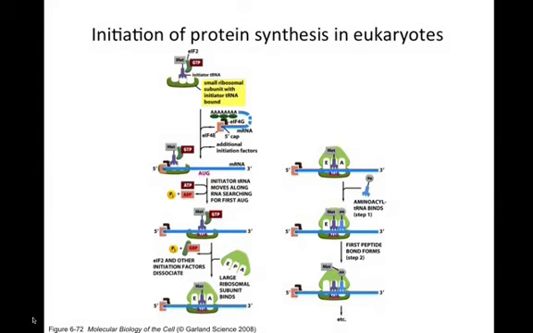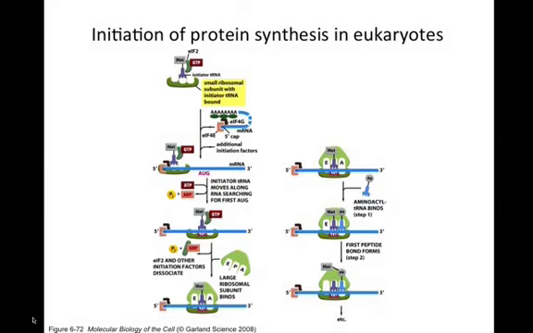Okay, so you actually need to do two main things to initiate, let's say. You need to find your RNA, assemble your ribosome on top, and that'll make that 3 things.